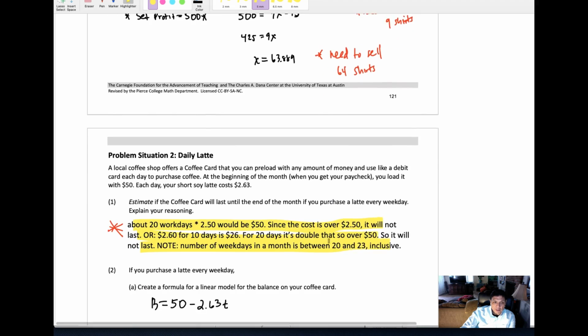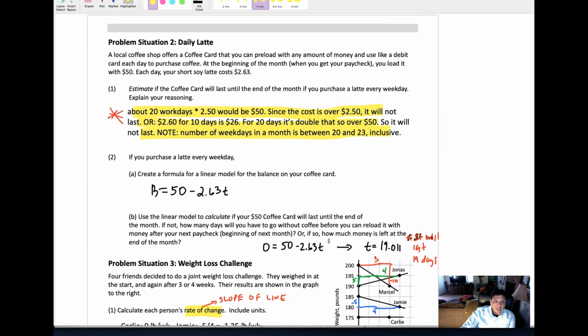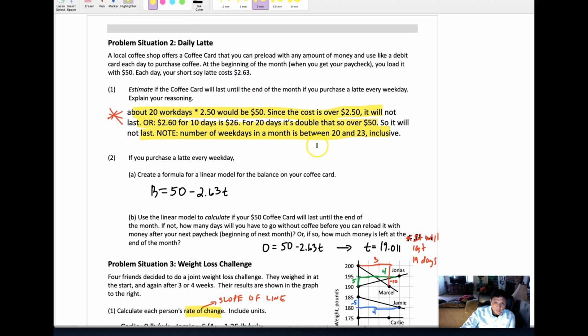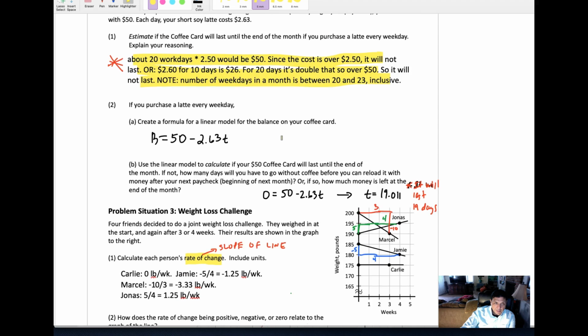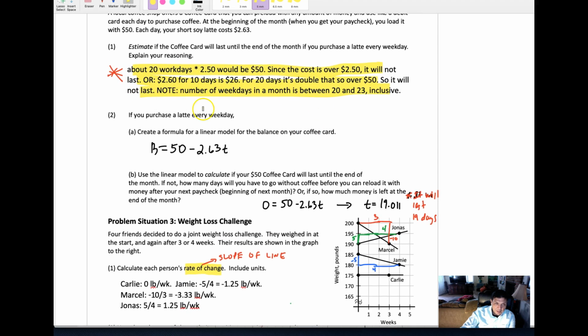Okay, moving on to another scenario, the Daily Latte. So very similar situation: you load your card with $50, and then each day you spend $2.63, and so you can go ahead and answer these questions here. But more important, after your estimate here, is actually the creation of the formula.